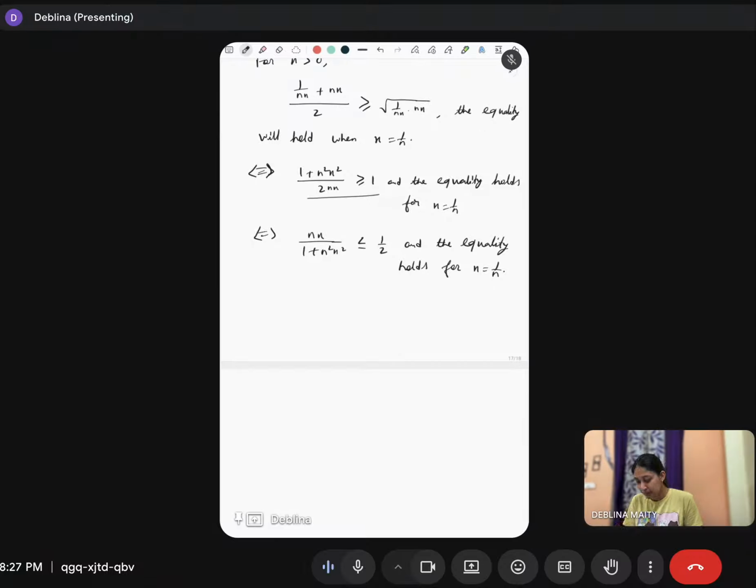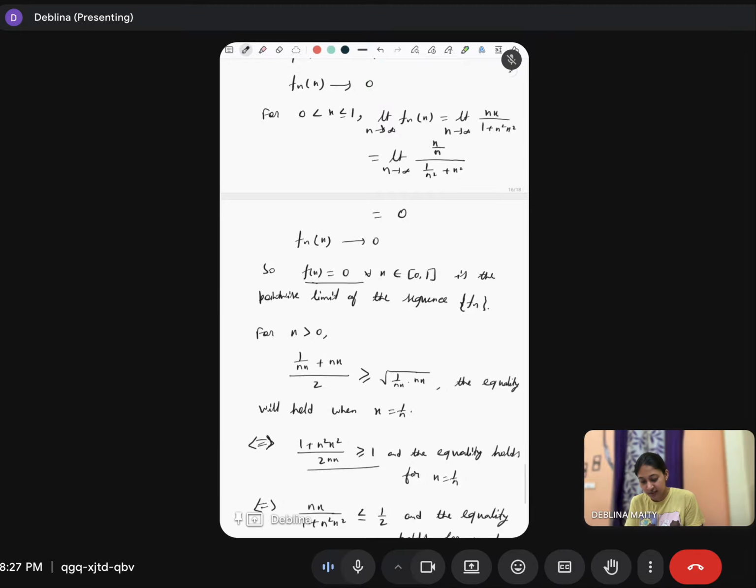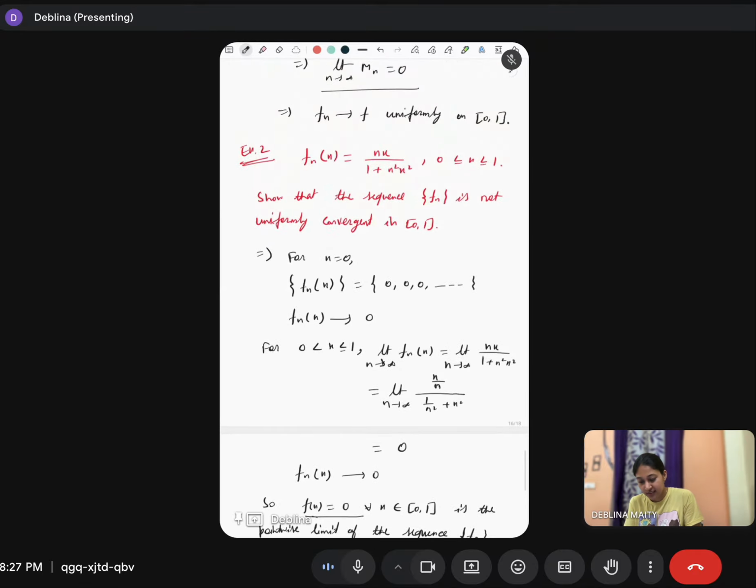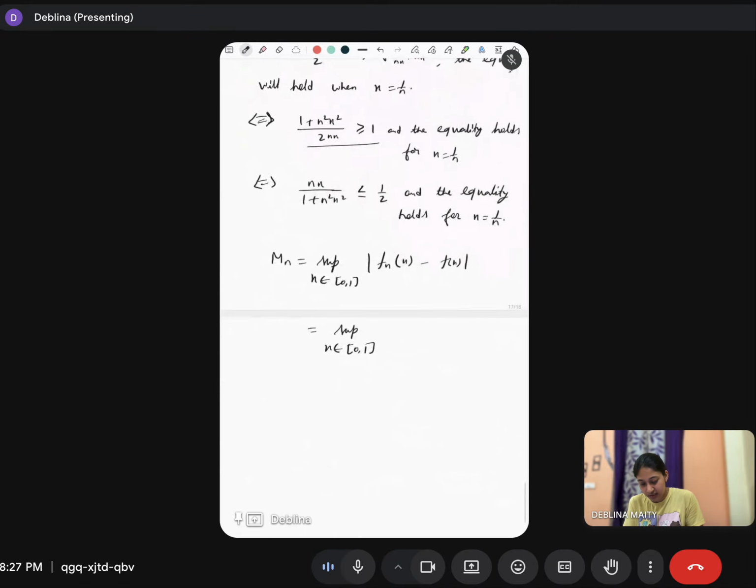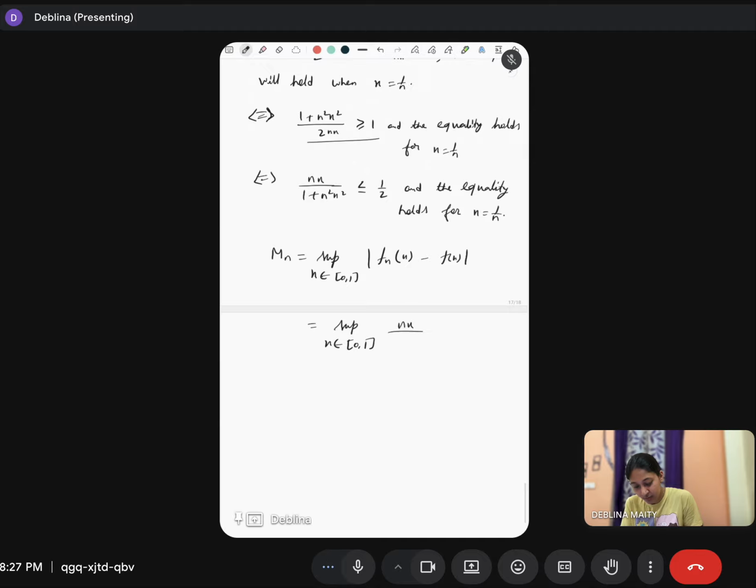Now what is Mn? Mn is supremum of x belongs to 0, 1 of mod of fn(x) minus f(x), right? Which is supremum of x belongs to 0, 1. Since our f function is 0, and fn(x) is this number, it is basically nx by 1 plus n square x square, right?